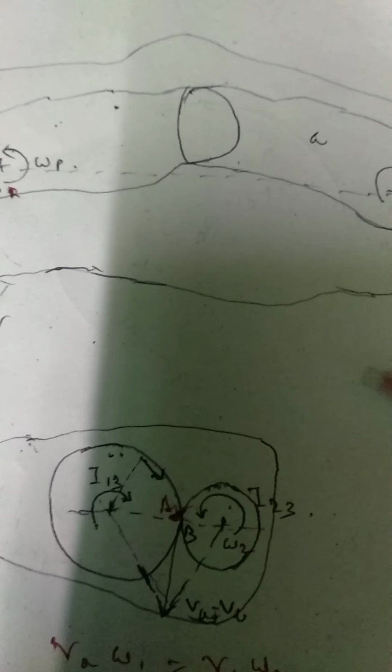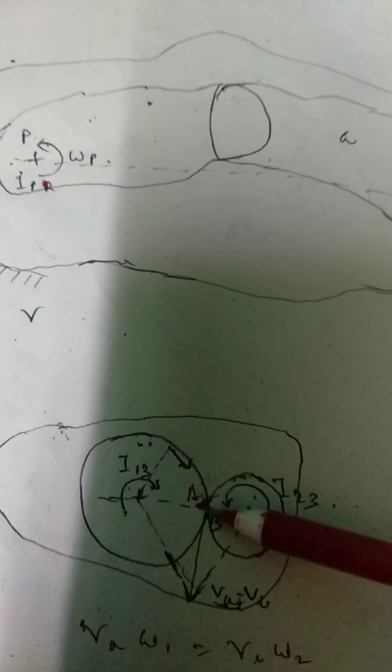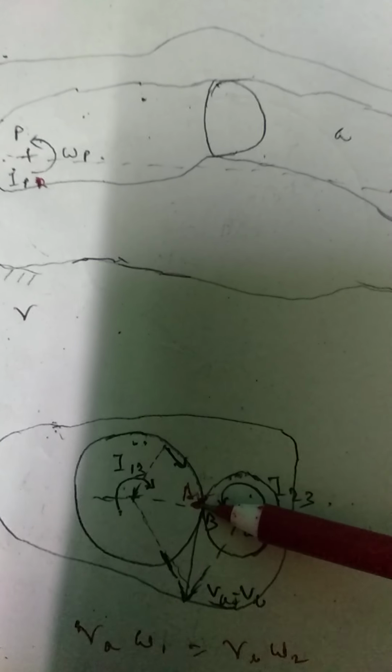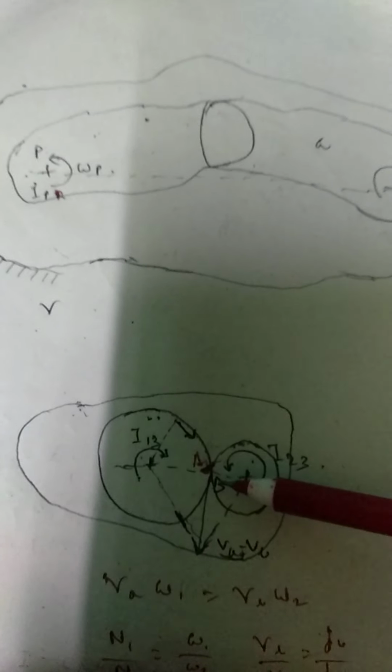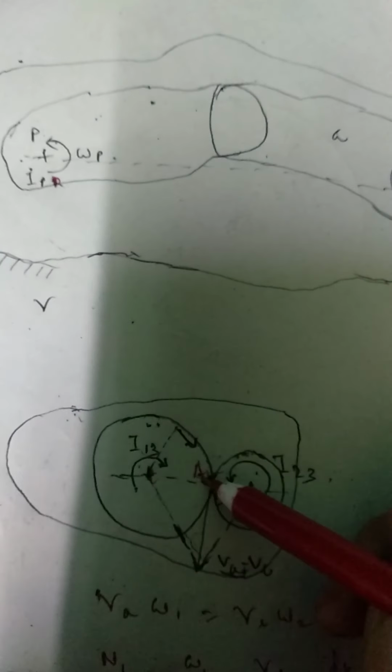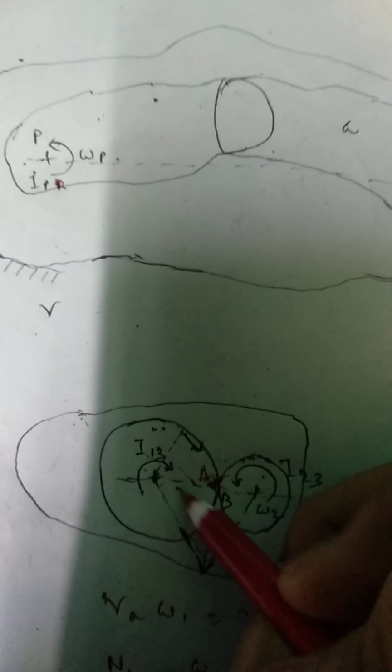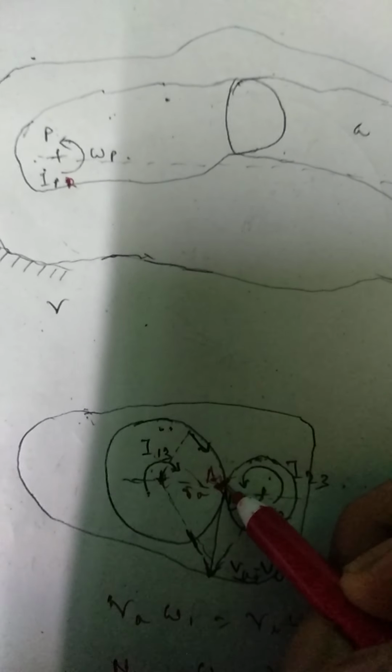Now the velocity of this point A, VA, is equal to RA into omega 1. This radius is RA, since the point is located at the edge.